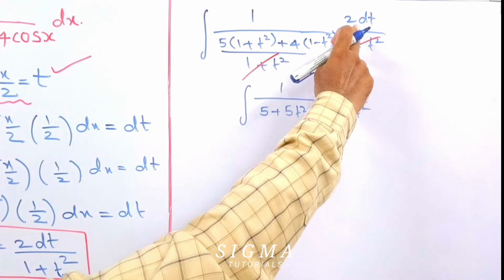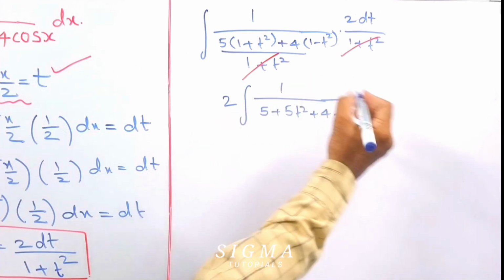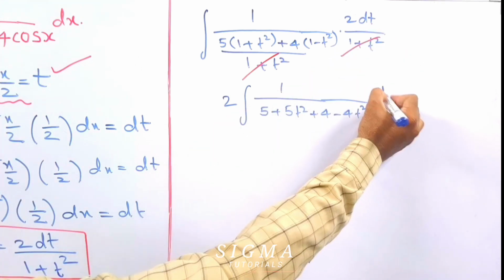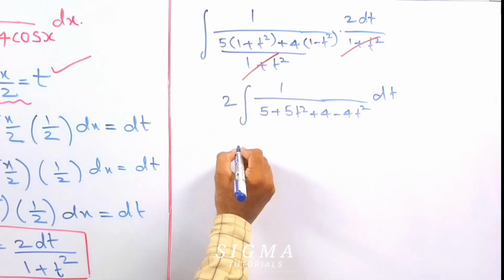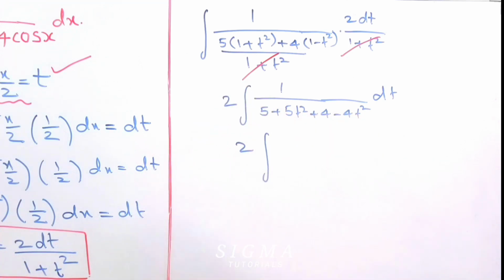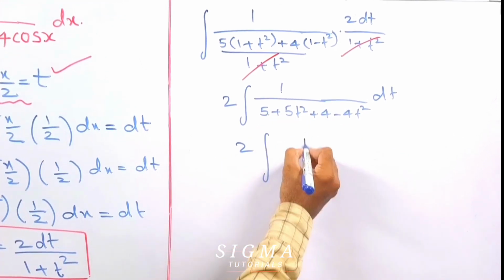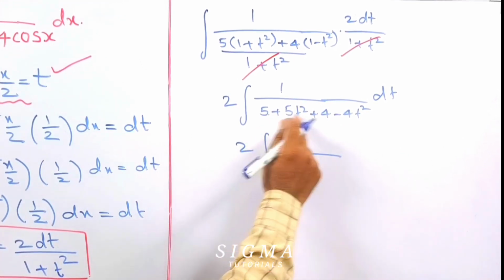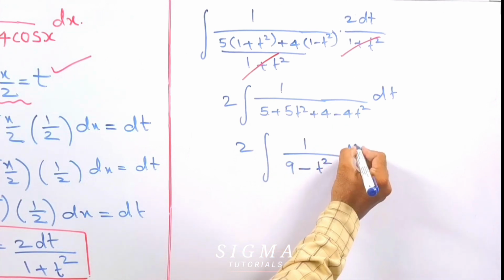And this 2 can be written outside since it is constant, and the remaining is dt. If we simplify this, it becomes 2 integration of, 5 plus 4 is 9, 5t square minus 4t square is t square, dt.